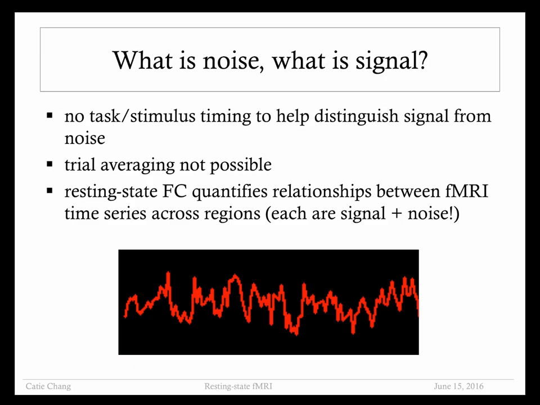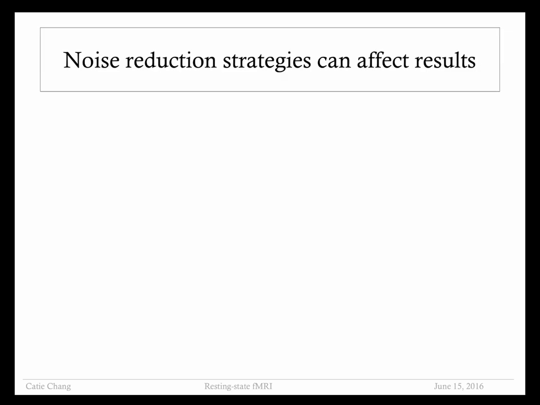And with functional connectivity, instead of comparing our data to a noiseless task activation regressor, we're actually comparing time series of noisy brain areas to one another. So we can really get the wrong answer about connectivity between brain areas. It's another reason that noise in resting state is kind of dangerous.